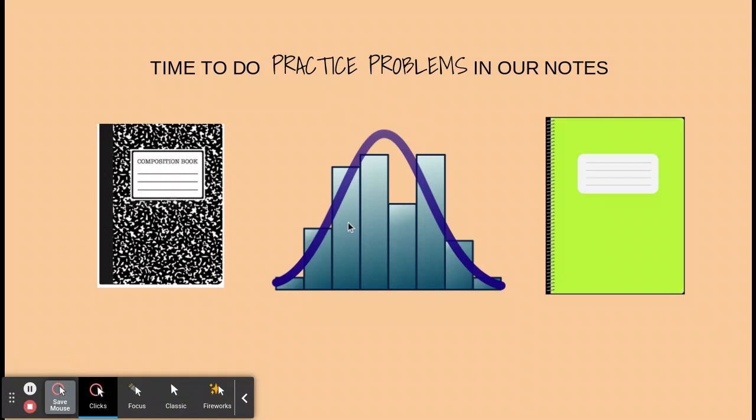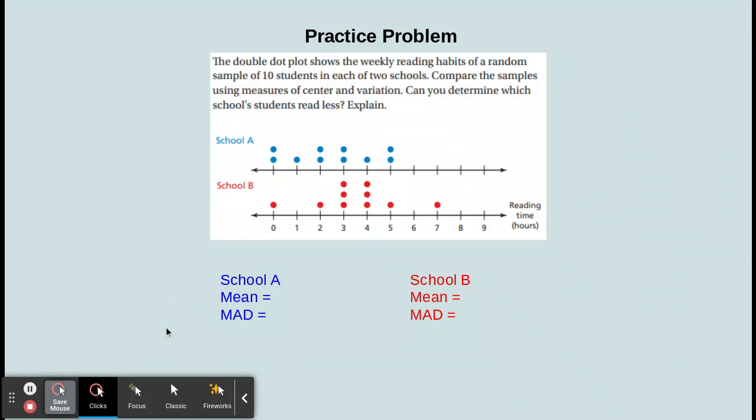Okay, so now you have, I think, one practice problem to do, and you are going to compare 2 dot plots. All right, so here we have our practice problem where we have a double dot plot, which is showing the weekly reading habits of a random sample of 10 students in 2 schools.